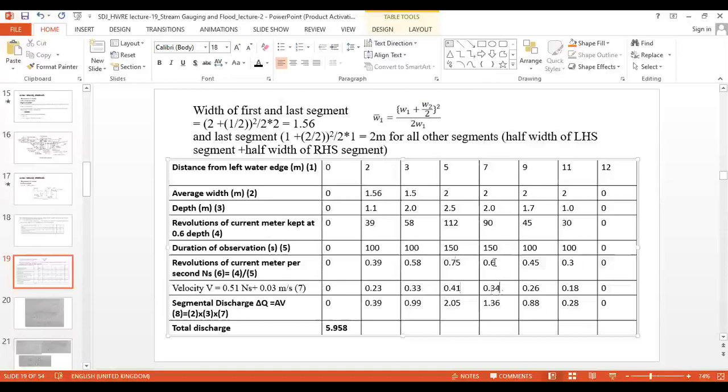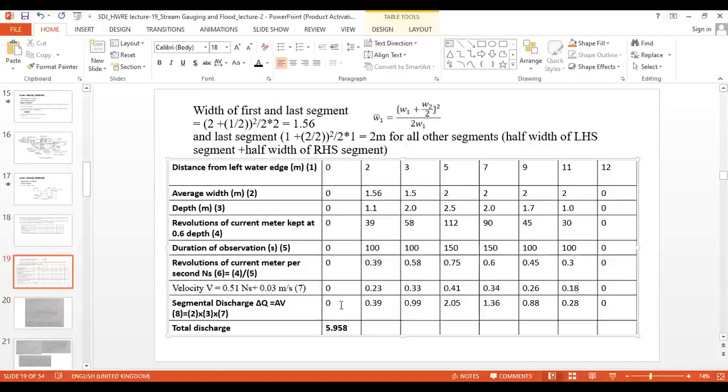The next ns is 0.6, so 0.6 into 0.51 plus 0.03 gives 0.34. Then for 0.45, it will be 0.45 into 0.51 plus 0.03, that is 0.26. Then 0.3 into 0.51 plus 0.03 gives 0.18.